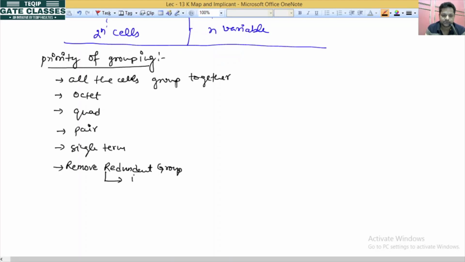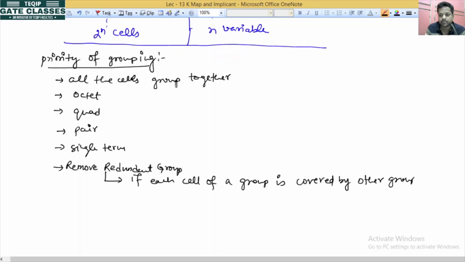If each cell of a group is covered by other grouping, then it is called a redundant group.